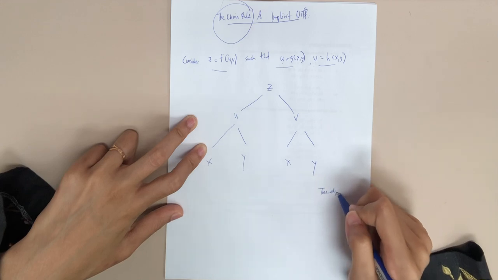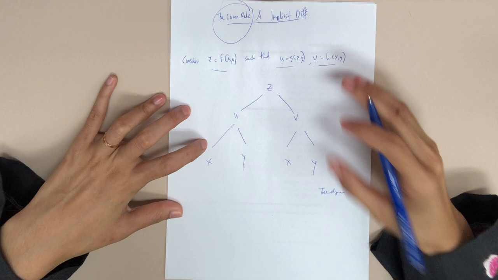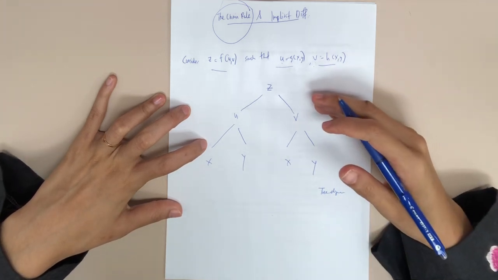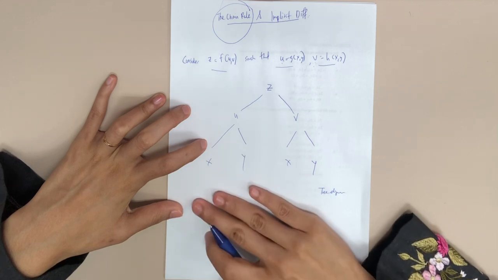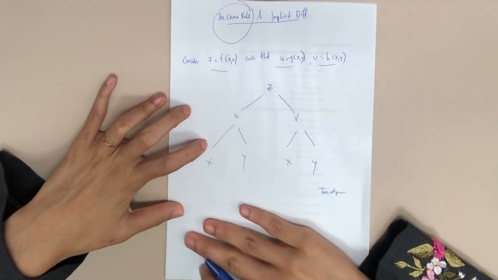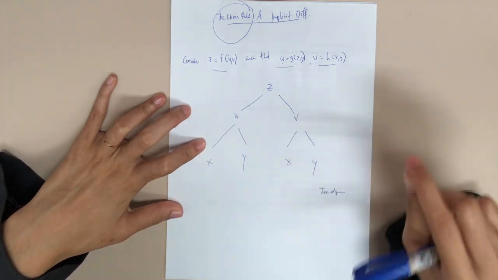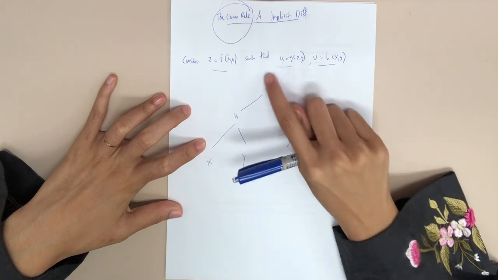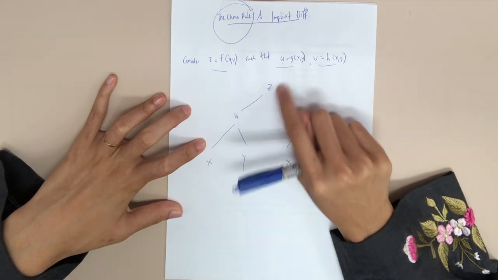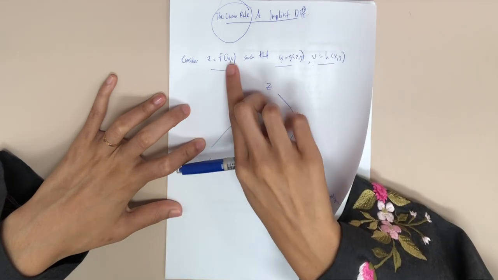This one, we call it a tree diagram. The first step when you get a question regarding chain rule is that you need to draw your tree diagram first. How to draw a tree diagram? You need to refer to the functions or variables that exist in the question, step by step. We start first with the main function, which here is z, and inside z you have u and v.